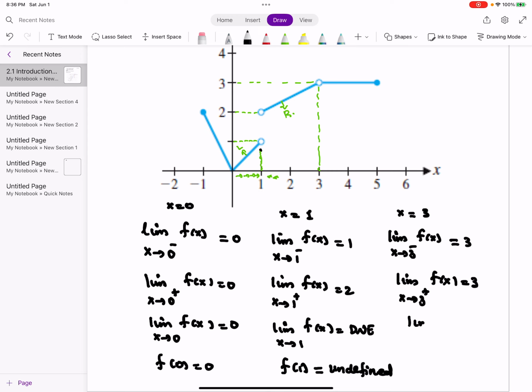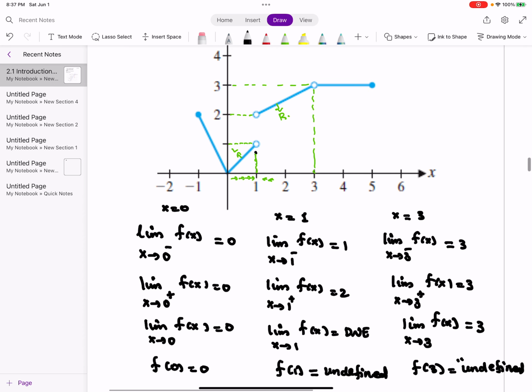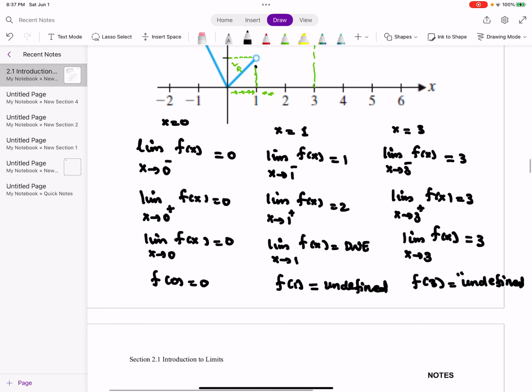Then limit of x approaches 3 of the function, since both the left and the right are the same, is 3. However, f at 3 is undefined. So please make sure that you understand does not exist for limit and undefined for functional values.